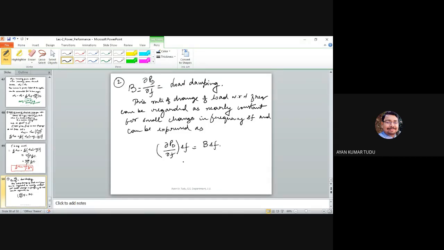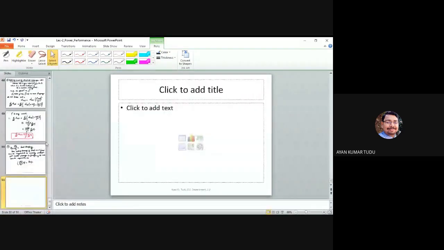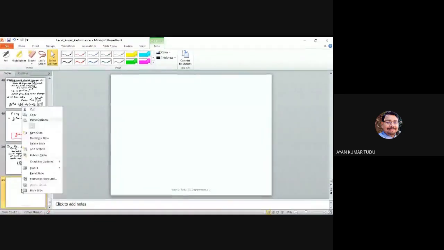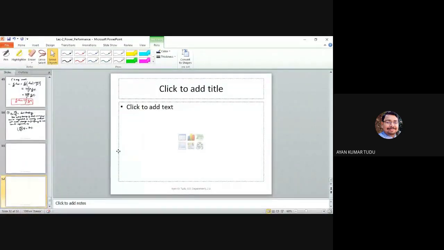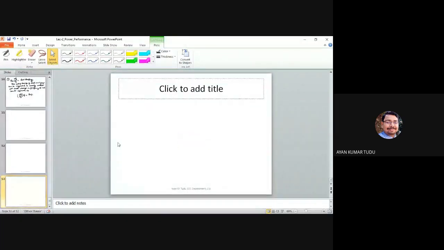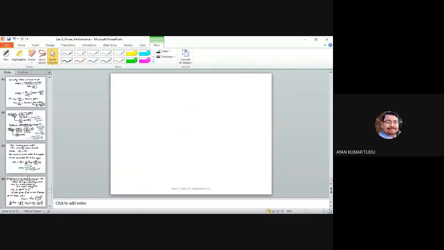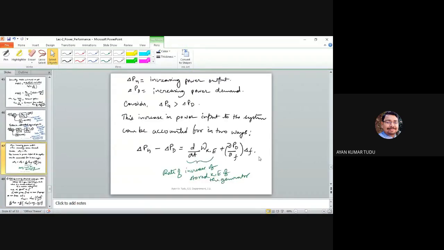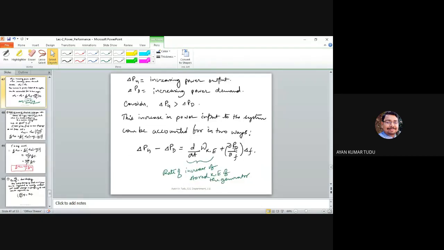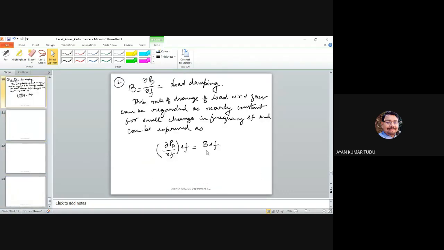Okay, coming back to the previous expression, del Pg minus del Pd is equal to d by dt of W Ke, which can be written as 2H Pr by f naught into d by dt of delta f, plus del Pd by del f into delta f, that is B into delta f, correct?